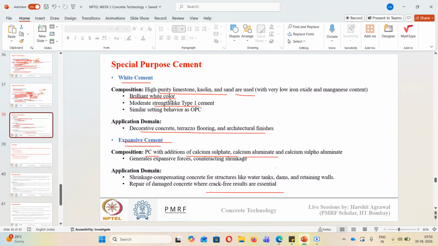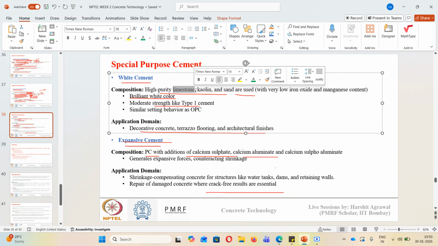Okay, so this is due to the composition of cement. It contains highly pure limestone, and limestone is white in color. Okay, so if you see lime, when it is used as a binding material, it reacts with water, and it forms calcium hydroxide and calcium carbonate. Calcium hydroxide and calcium carbonate both are white.